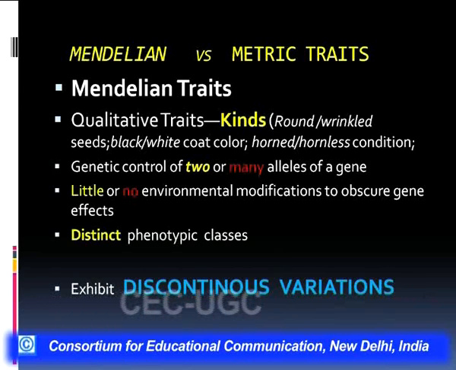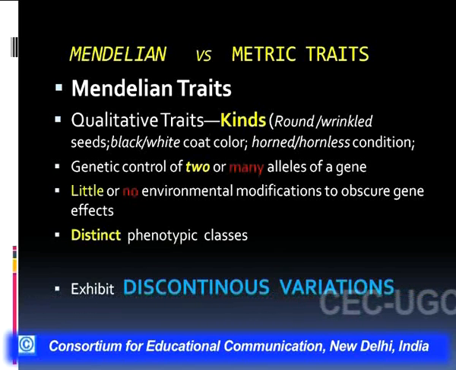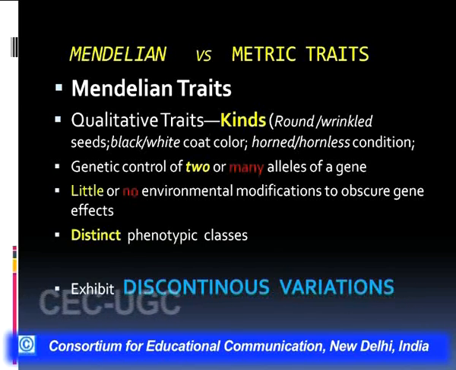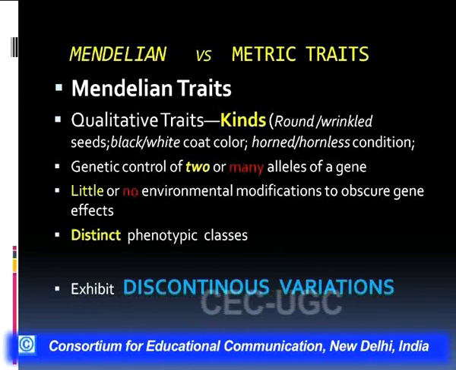Sometimes there could be multiple alleles also, as we saw in one of our previous lectures of multiple alleles and the blood group genetics. Here we would find that environmental modifications would be minimum. I would not say no, because environment does modify us and as a result distinct phenotypic classes are observed. So, that means such variations are discontinuous. You have black and white, you have round and wrinkled, but then there is no gradation which is visible.